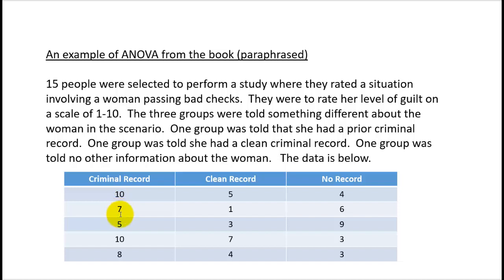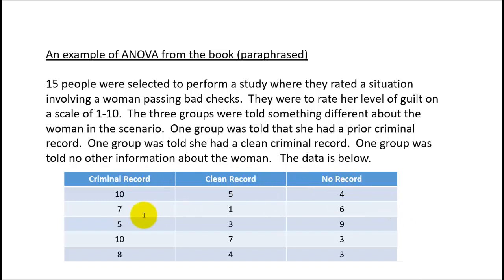Second person had a guilt of 7, third 5, fourth 10, and fifth 8. In the clean record group, these are the numbers that follow, and then the no record group. So each person, 15 people in all, rated this woman's level of guilt based on the information they had regarding whether or not she had a criminal record, a clean record, or if there was no record information available.